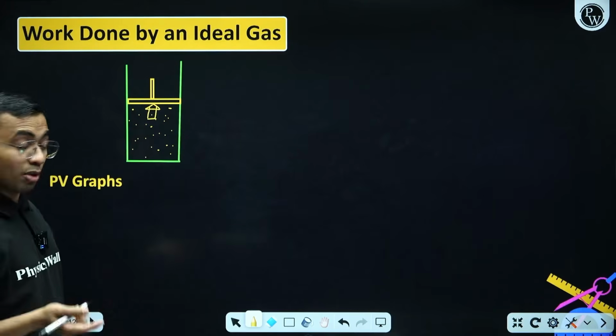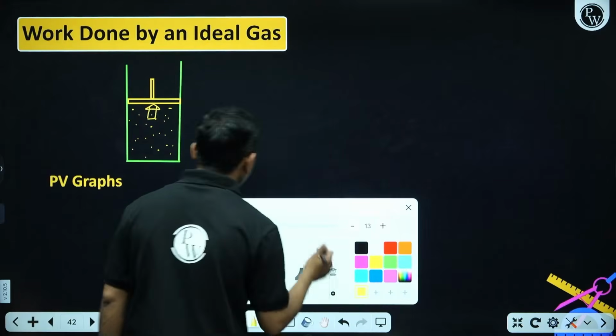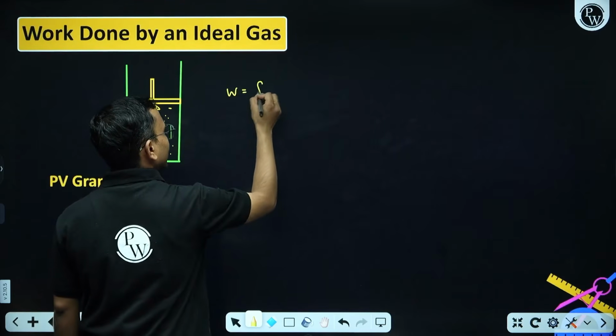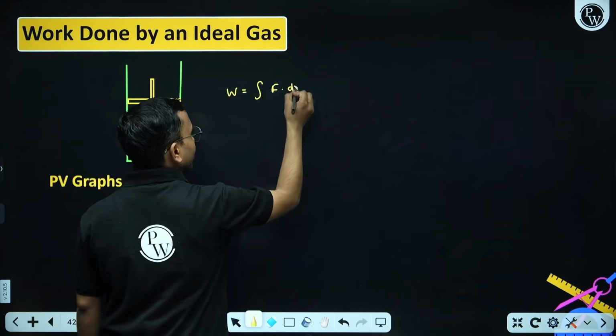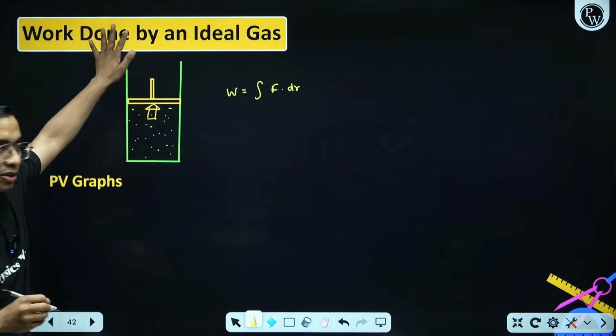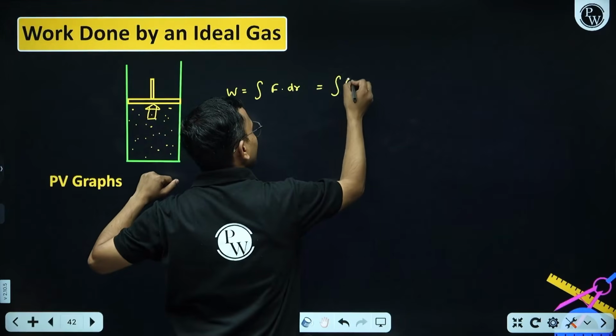If I ask you how much work the gas will do, you may say, sir, we have learned the work done formula from work, energy, power: work done is equal to the integration of F dot dr. Let us take here that the displacement is along x. Here the force is F, so it is the integration of F dx.